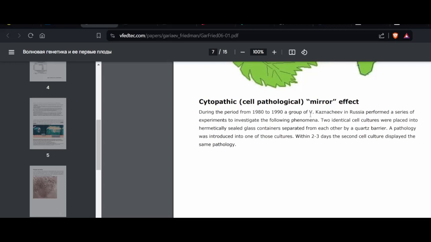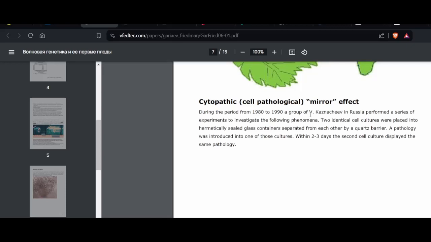Basically what they do is they take two cell cultures in sealed glass containers, you put a quartz plate between them, so they're two identical cultures, and then you introduce some sort of pathology into one of the cultures, whatever disease you want to introduce. You introduce it to one culture, and within 2 to 3 days, the other culture, in a completely separate sealed glass container, separated by a quartz plate, will exhibit that same pathology.